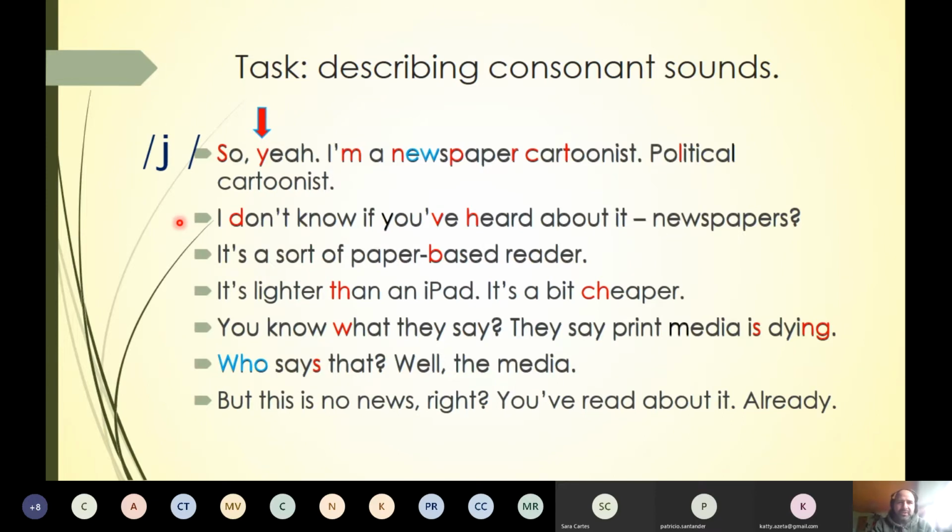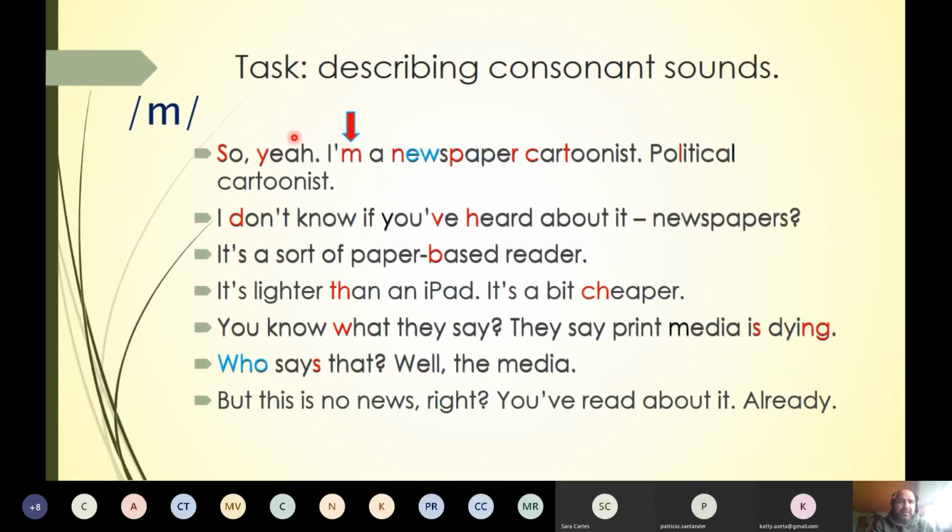But in general terms, it's a voiced sound. It's velar, and it's a glide. It's part of the approximant family, the sounds in which there is no real constriction or restriction of the airflow.